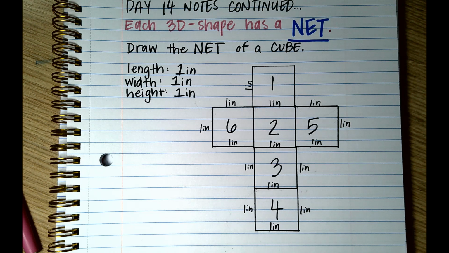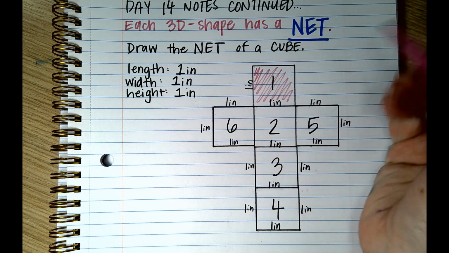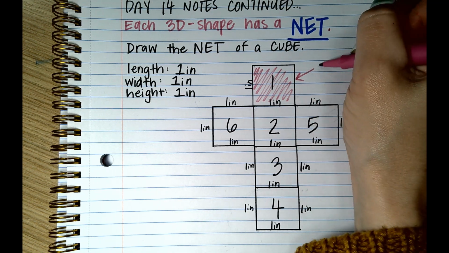So if I wanted to know, once I have this all folded up, what the area of just one of these faces would be, how would I find, for example, the area of one square?